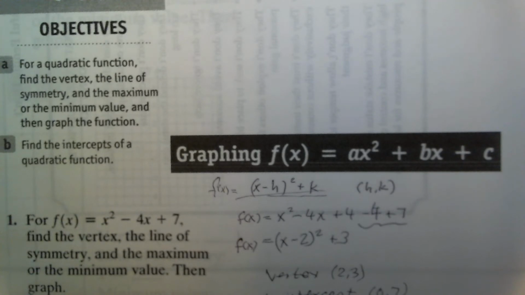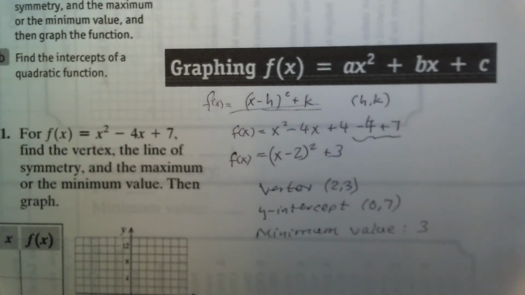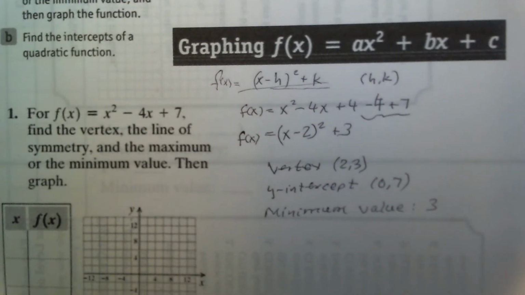And we also know it's an upward opening parabola, so we have a minimum value. And the minimum value, of course, is at the vertex. And the line of symmetry is x equals 2.